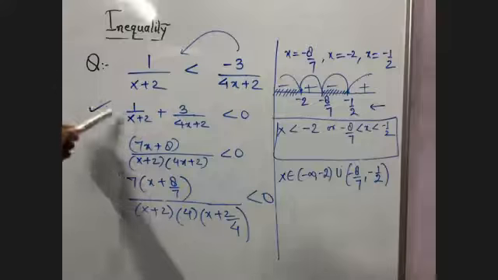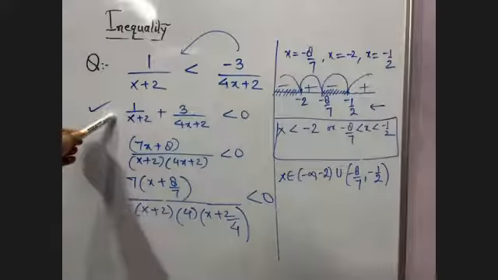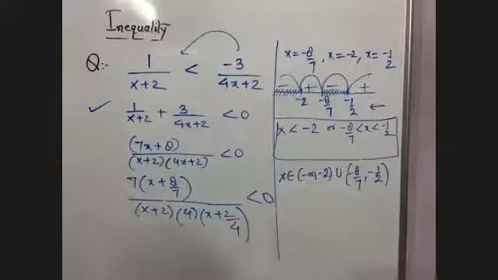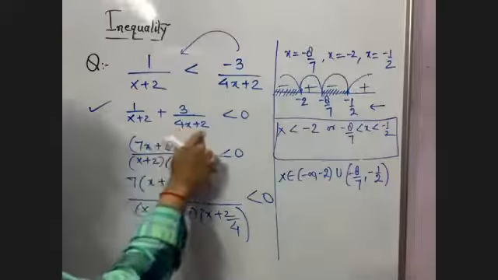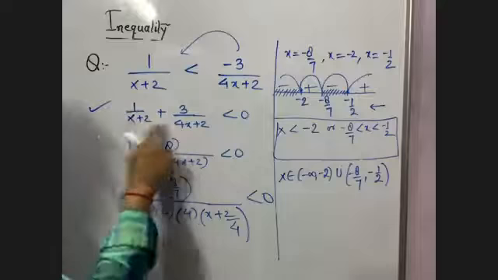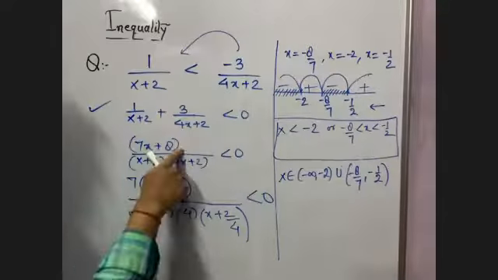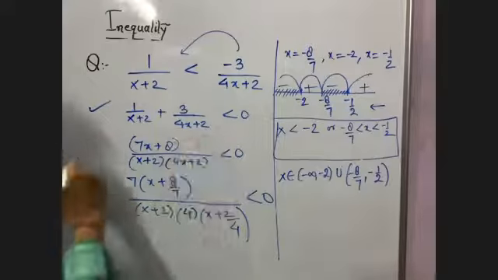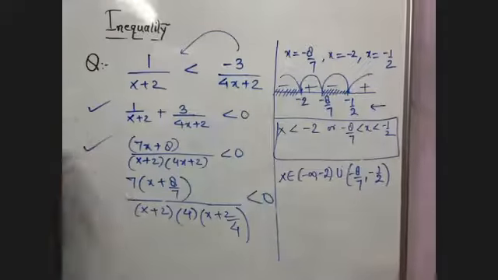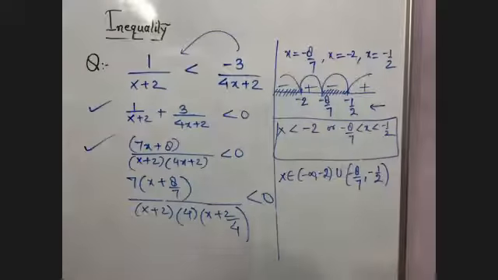Nobody has a doubt. After this, I'm taking the LCM. As usual, 4x plus 3x will make 7x, and 2 plus 6 will make 8 upon this, less than 0. Any doubt till here, beta?